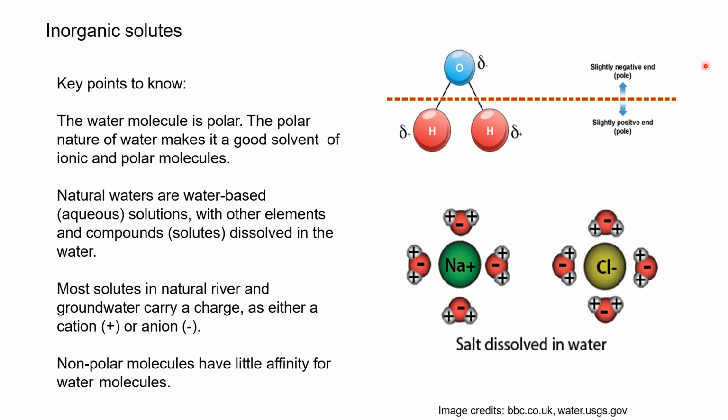Some molecules are non-polar, so they don't polarize, they aren't charged, and they have little affinity for water molecules. These will largely be organic molecules, and we'll discuss those in a later slide.